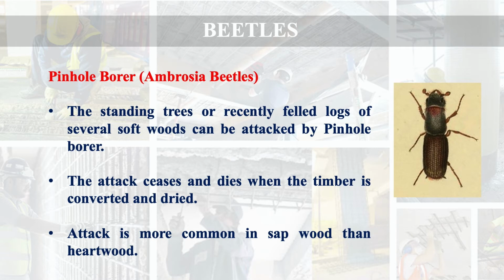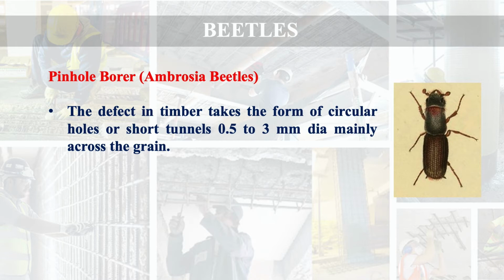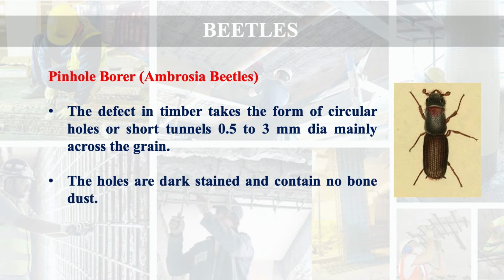Attack is more common in sapwood than heartwood. The defect in timber takes the form of circular holes or short tunnels 0.5 to 3 mm diameter, mainly across the grain. It is important to note that it is mainly across the grain. The holes are dark stained and contain no bore dust.